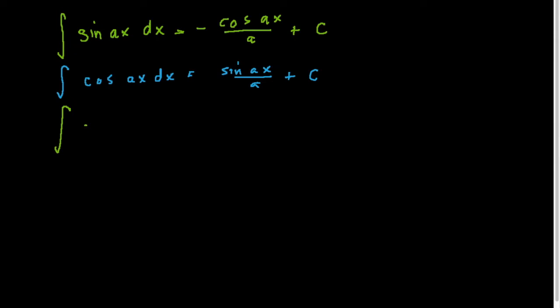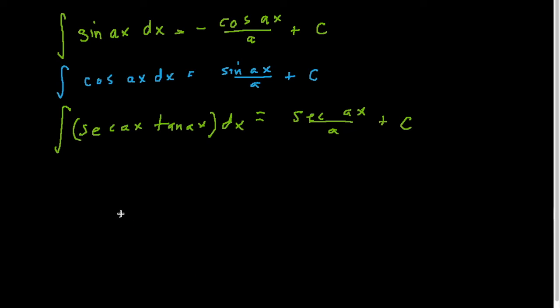Okay? We have secant ax tangent ax dx. It's kind of a lengthy one. And this is just equal to secant ax over a plus c. Then we have the antiderivative of secant squared ax dx is equal to tangent ax over a plus c.